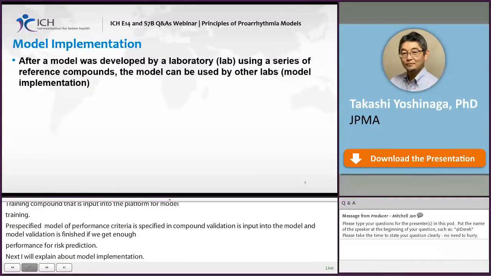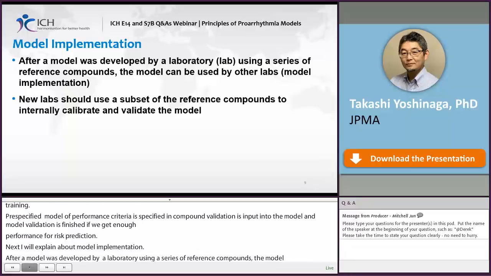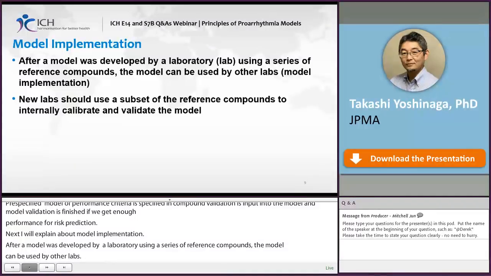After a model was developed by the laboratory using a series of reference compounds, the model can be used by other labs. New labs should use a subset of the reference compounds to internally calibrate and validate the model.